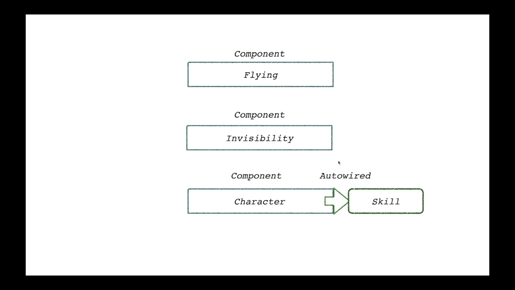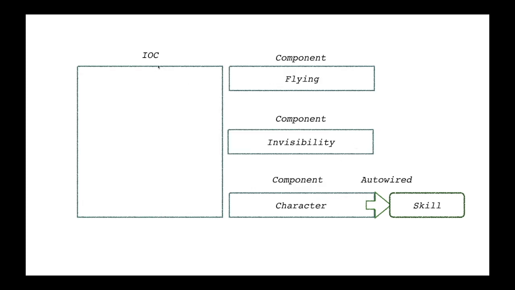Before starting the application, Spring Boot internally has a container that is called the IOC container. IOC stands for inversion of control. While scanning your project, if Spring Boot finds any class annotated with some special annotation like Component, then Spring creates objects of those and keeps those objects in a container. That is the IOC container.